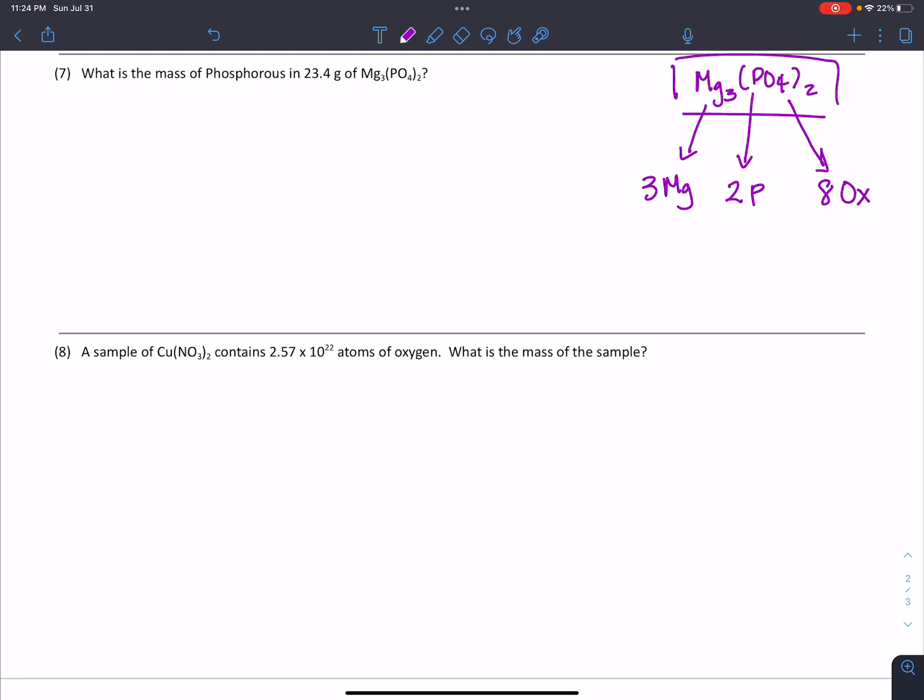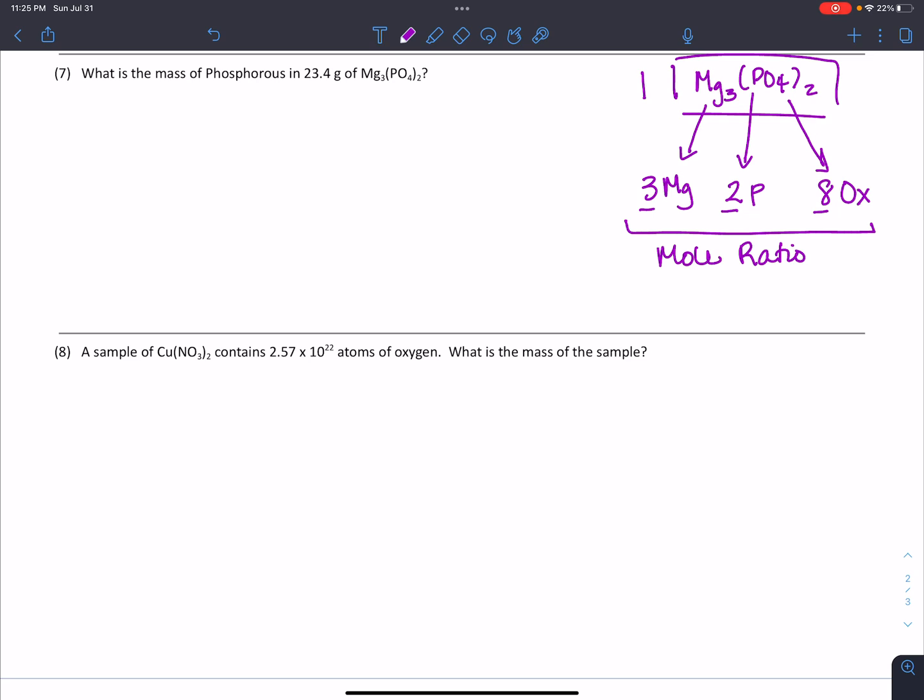Now those are ratios where we have 1 of these and then 3 magnesiums, 2 phosphorus, and 8 oxygens. And those ratios have units of moles. So we call this a mole ratio. And we can use that ratio, that equality, just like any other conversion factor.